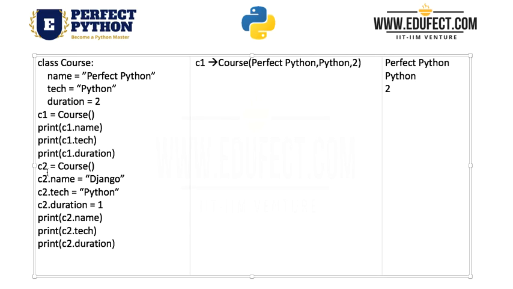Now we are creating C2, which is a new object of the class course. So let us create C2, and we are giving it the values. When it is first created, it will have the same values which we have assigned here.